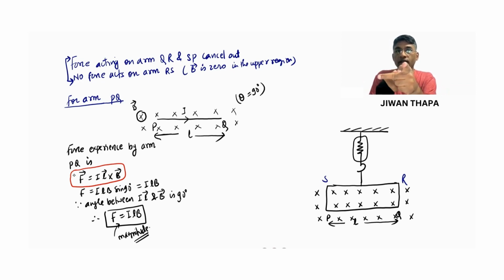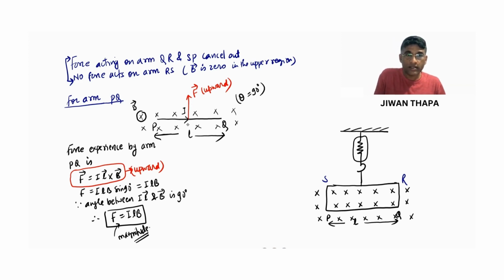So I'm taking current along this direction, along this finger, and the thumb gives the direction of force. So what we find, thumb is acting in upward direction, so this force is upward. So we have force acting in upward direction. Clear?